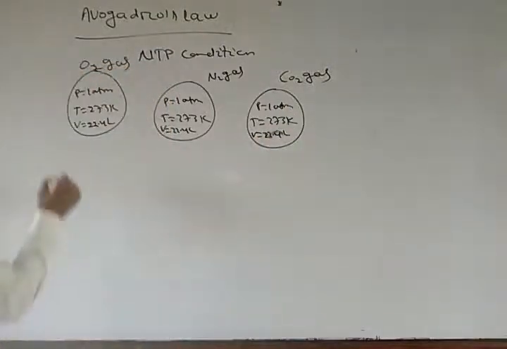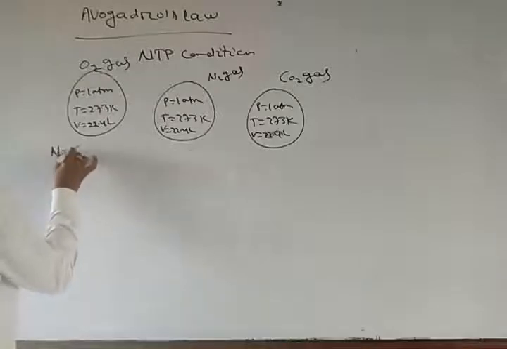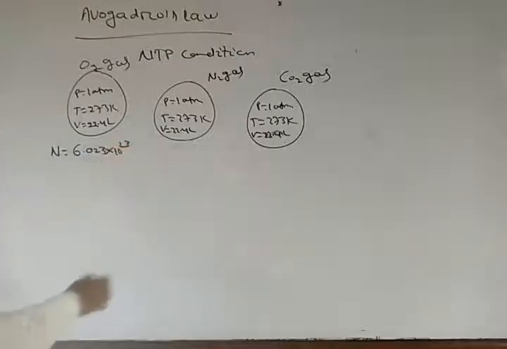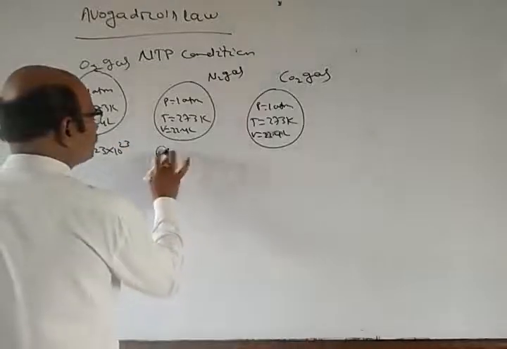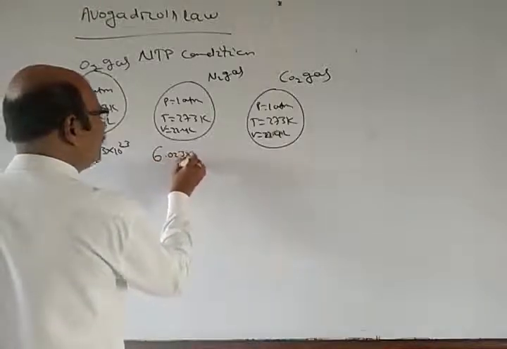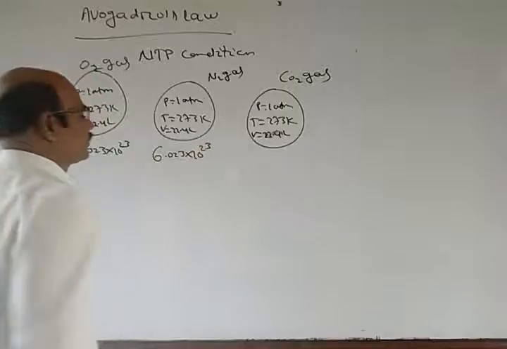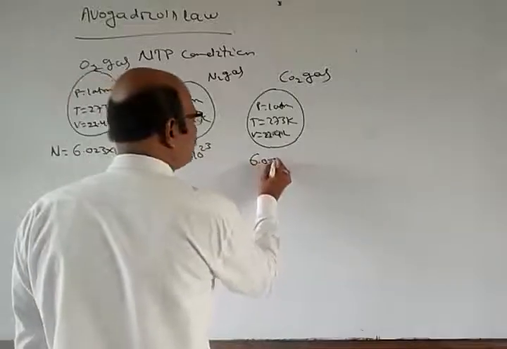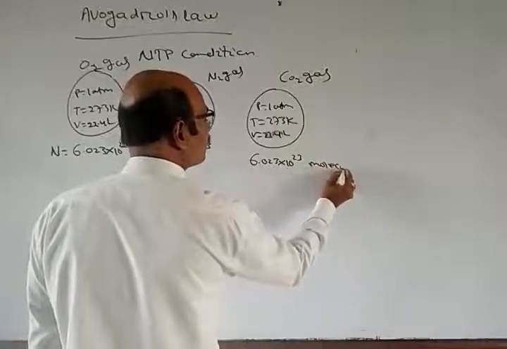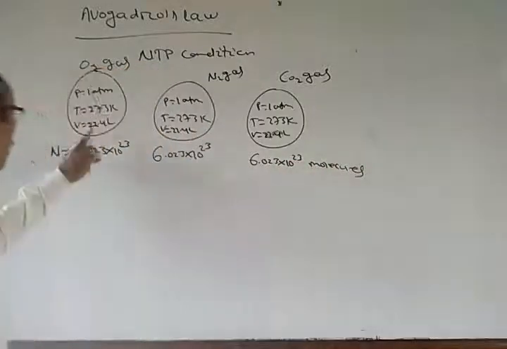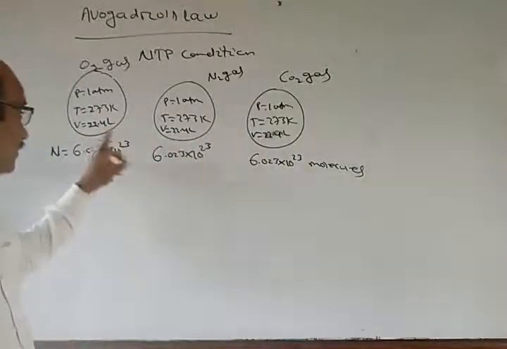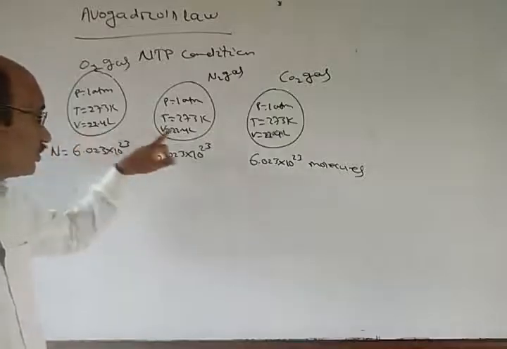Then the number of molecules N is 6.023 into 10 to the power 23 molecules. That means equal volume of all gases. I have different gases, but the volumes are the same, 22.4 liter each.